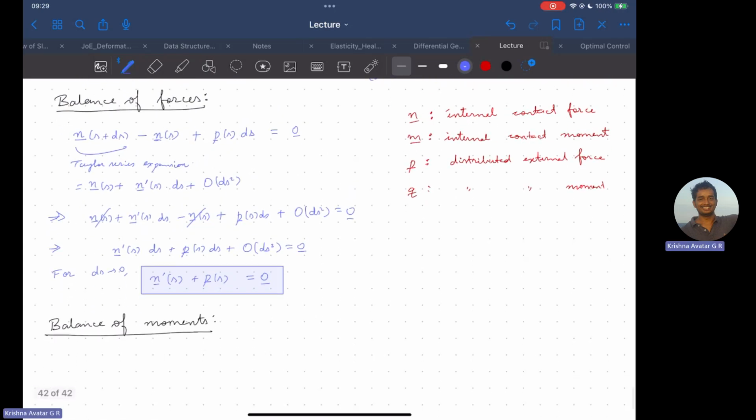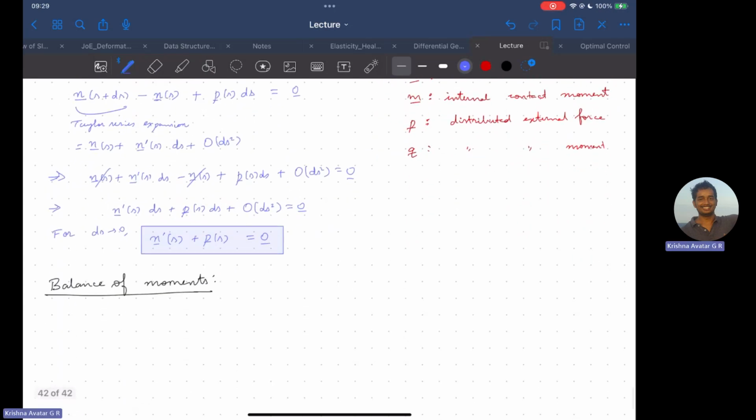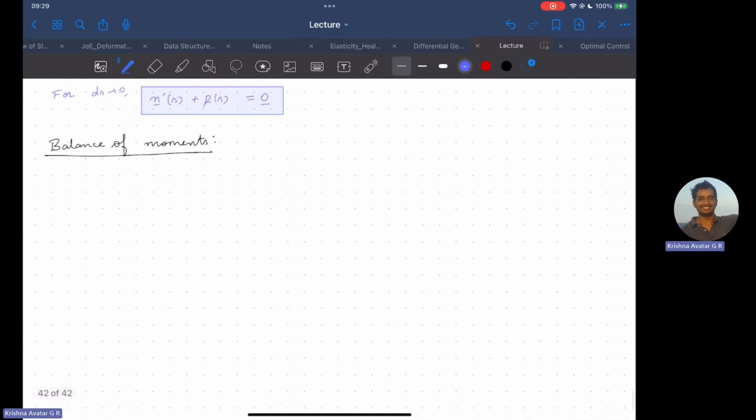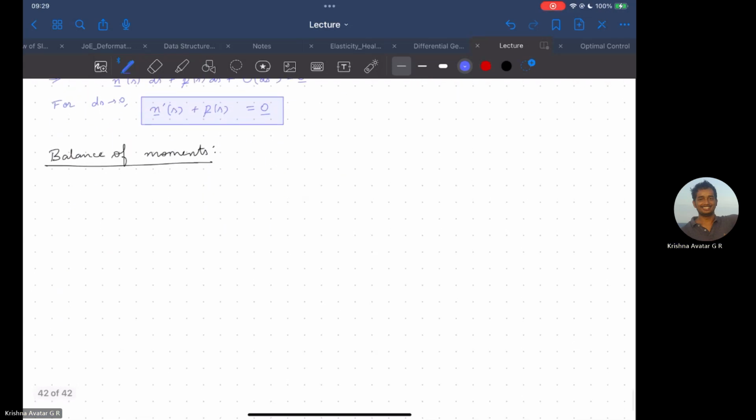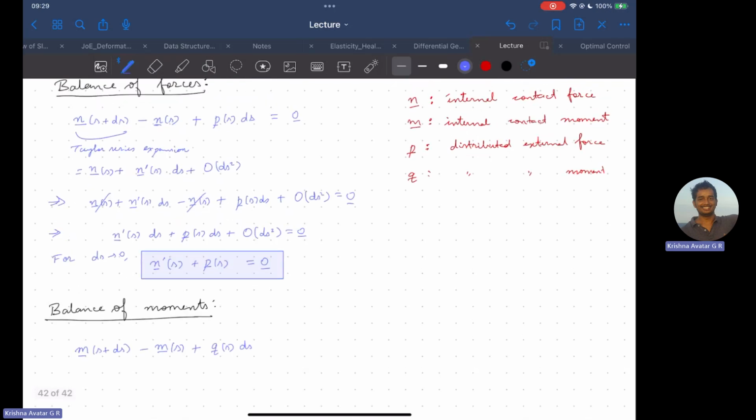So here we'll have all those things again, at s plus ds. This is going to be slightly more convoluted. Plus the moment q of s ds, again assumed constant over the interval s to s plus ds.